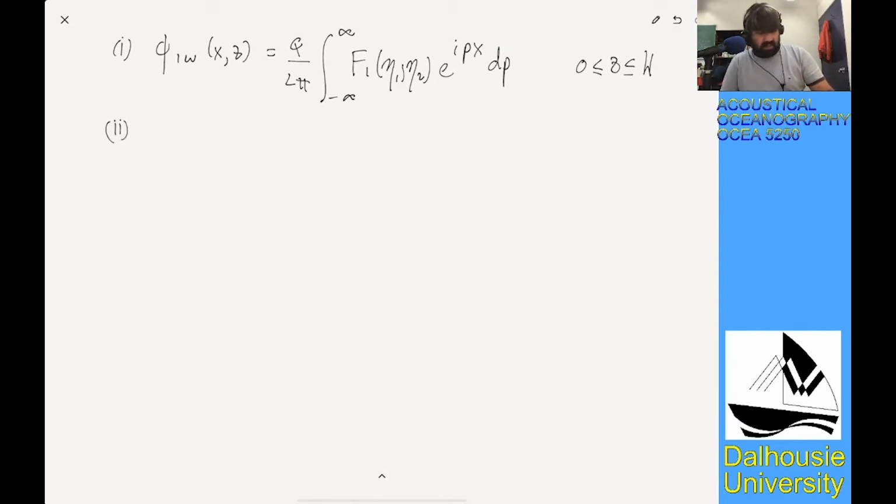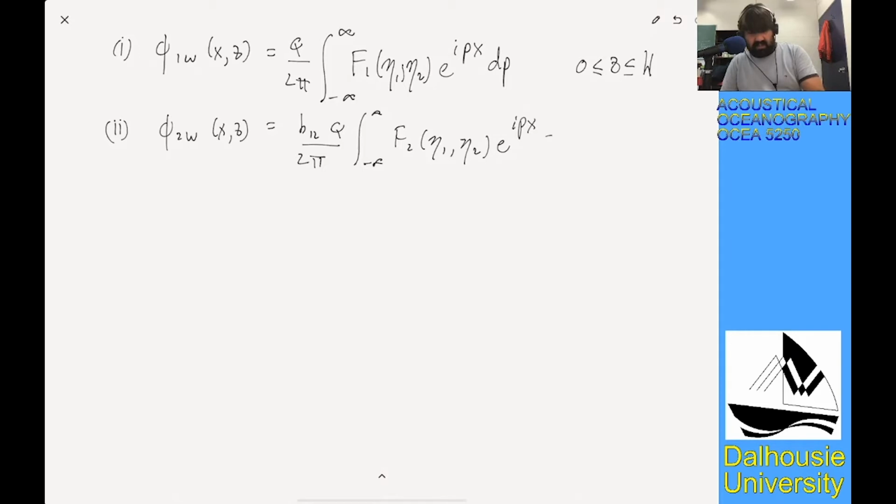And our equation 2, similarly, same order of transforms, expressed as an integral, e to the i p x dp, and this is for z greater than h.